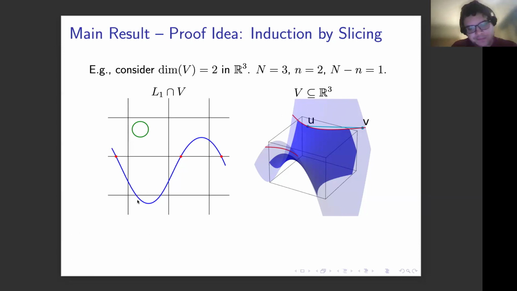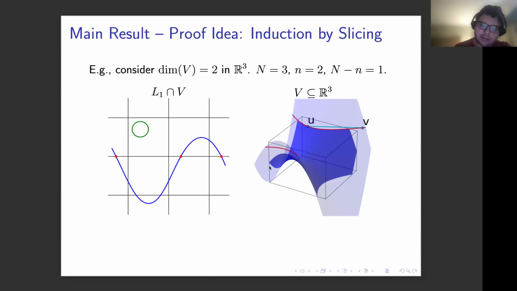So you get control on the size of the balls that you're using, because it's just the size needed to cover adjacent cells. And then you also get control on the number of balls, because that's the number of intersection points with grid lines. That will result in covering this entire boundary curve.